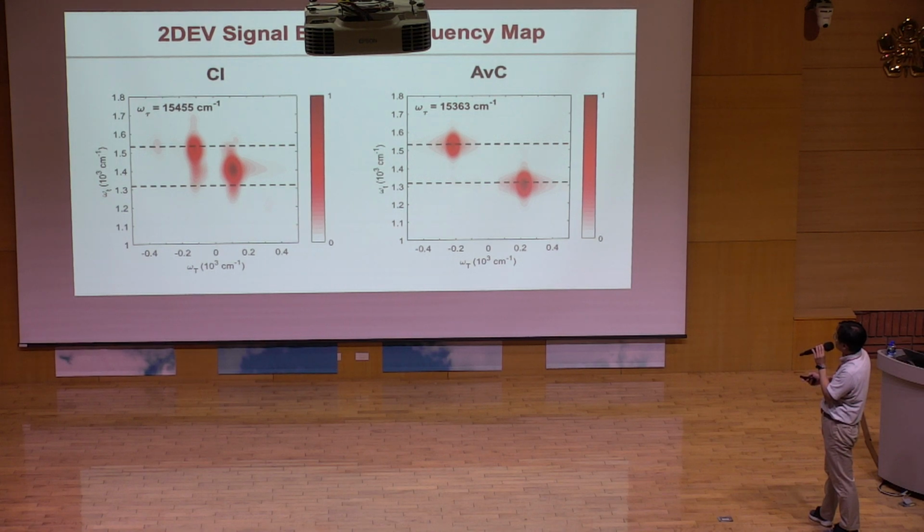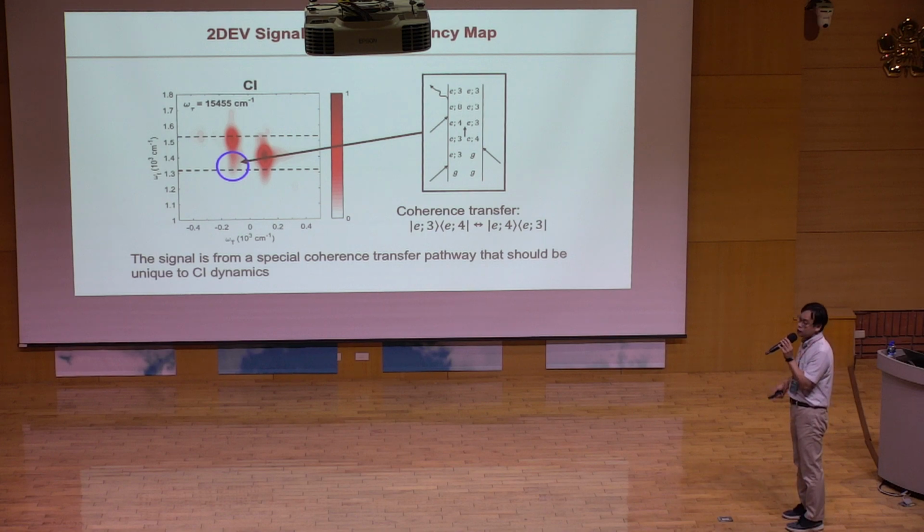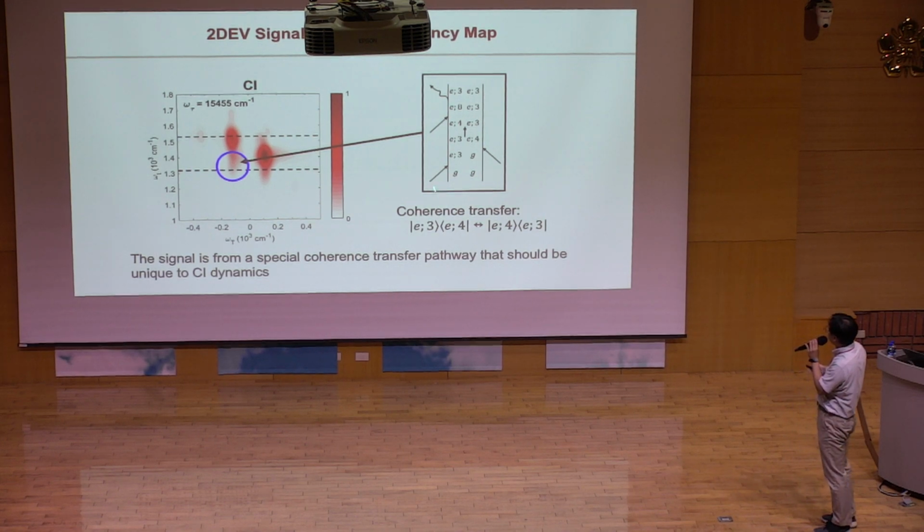When we focus on this cross peak and look at where it comes from, we can identify that it's coming from an interesting dynamics described by this double-sided Feynman diagram. You don't need to know the details. The key is here: to have this signal, you need a transition like a coherence of E3, E4 to a coherence of E4, E3.